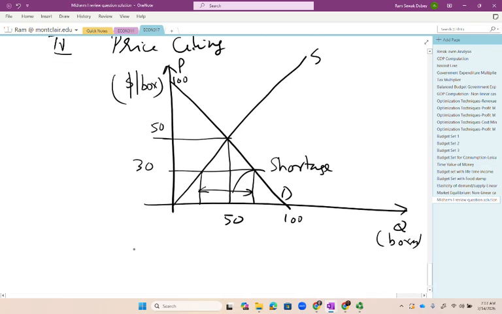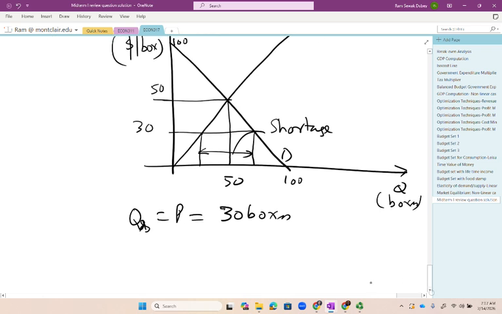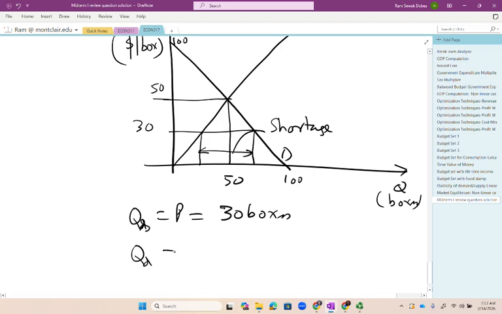When price is 30, quantity supplied is simply equal to the price, 30 boxes. This is quantity supplied. And then we have quantity demanded equal to 100 minus P, the expression we have seen from the previous part. 100 minus 30 turns out to be 70 boxes.